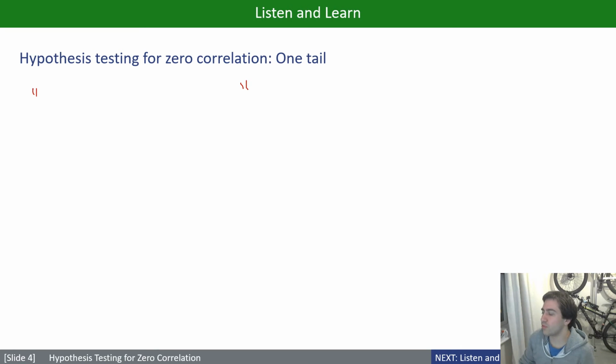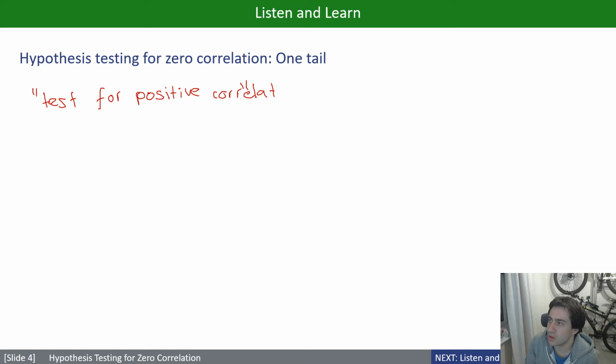So if somebody said, I want to test if there is positive correlation between the amount of CO2 and global temperature, is there a positive correlation between those two? That is a one-tail test, right? So let's say test for positive correlation of whatever. Okay, that's a one-tail test.